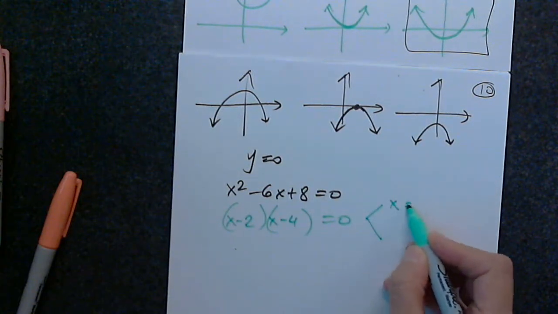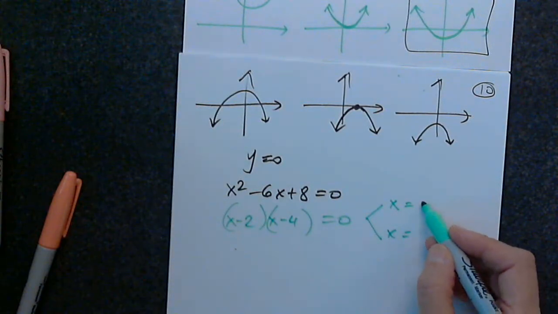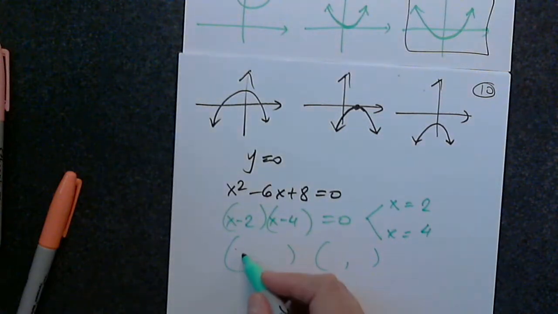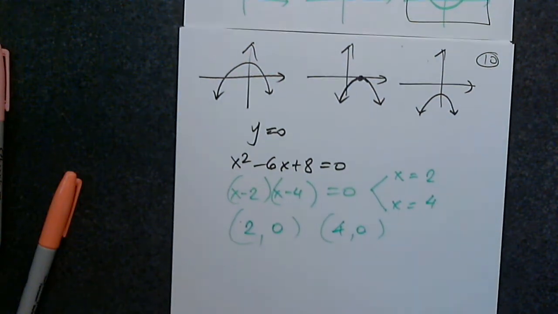So there are 2 options, x equals and x equals. Good. So what are the ordered pairs that we just determined in this case? 2, 0 and 4, 0. And number 4, the y-intercept that will always exist.